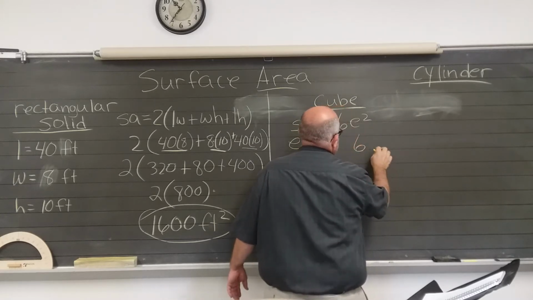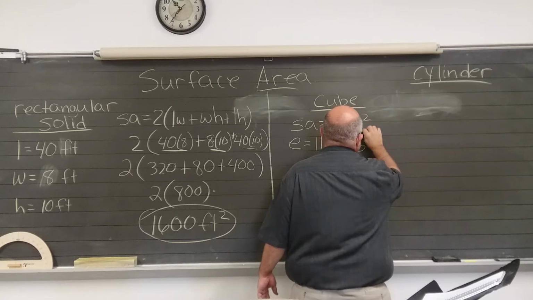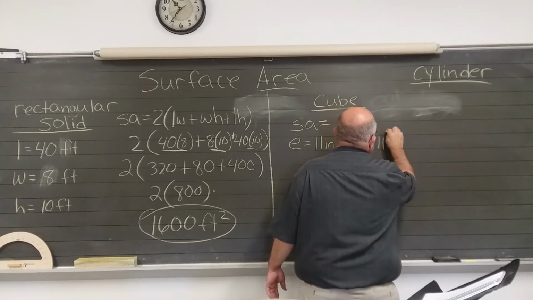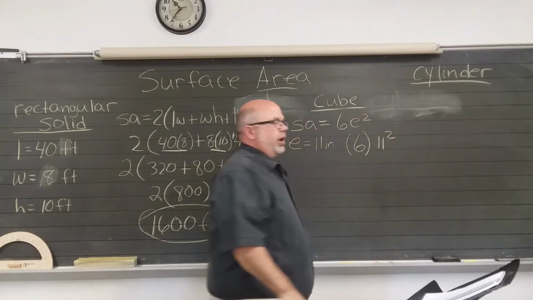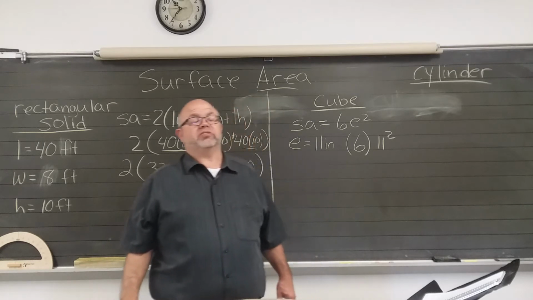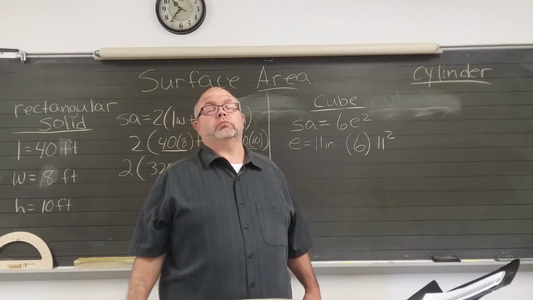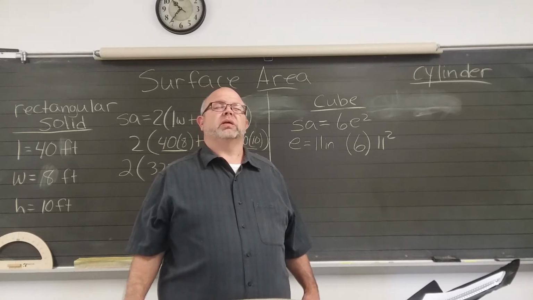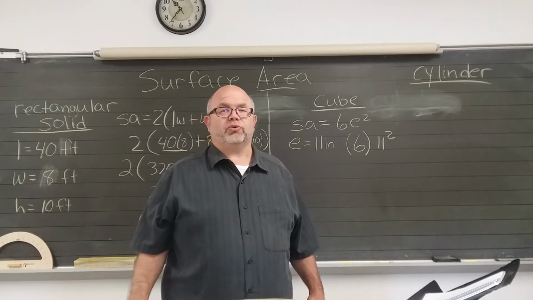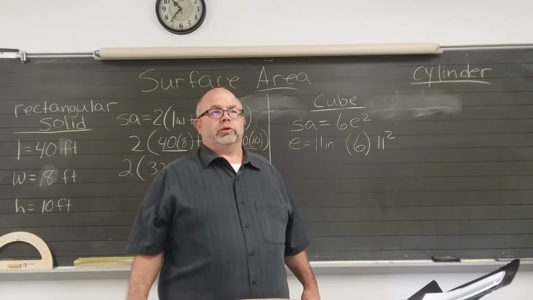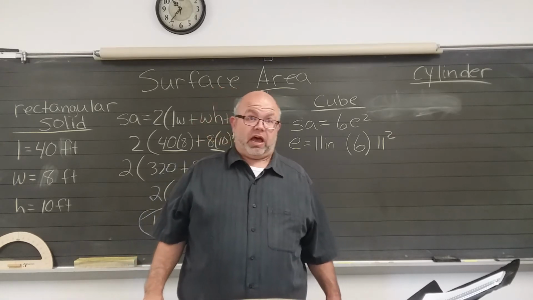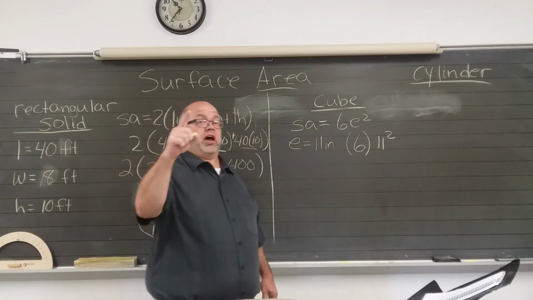So your equation is going to be 6 times 11 squared. What is 11 squared? Is 11 squared 22? Trying to see how many yeses I sensed. Is 11 squared 22? 11 squared means 11 times 11, not 11 times 2.